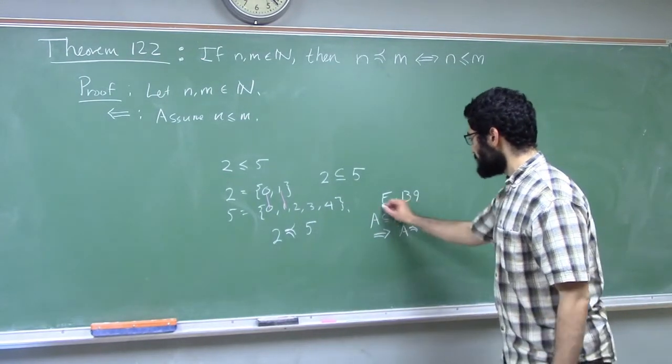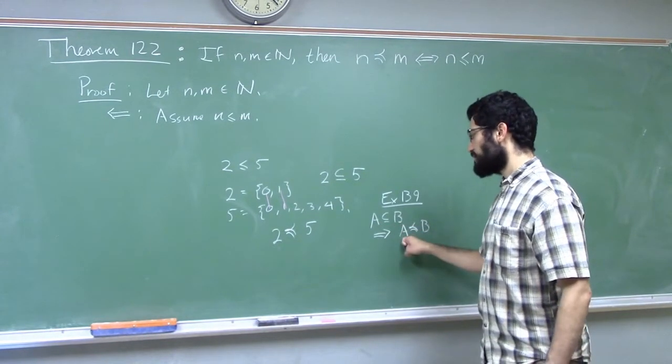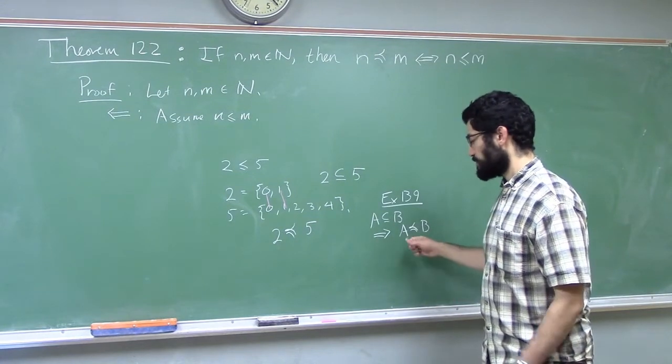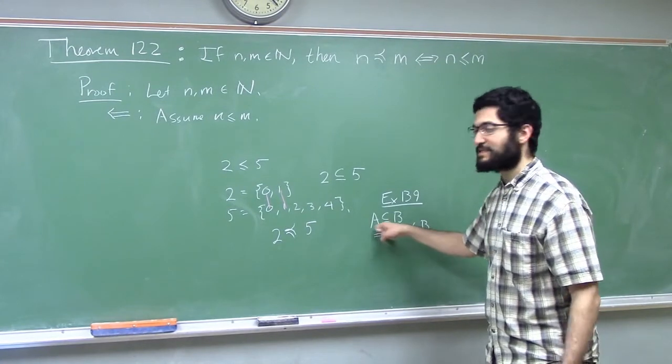So we'll make use of exercise 139. If one set is a subset of another, then immediately you can say that there exists an injection. The converse doesn't hold. The existence of an injection from one set to another does not imply that that set is a subset.